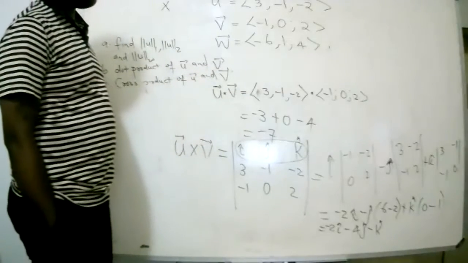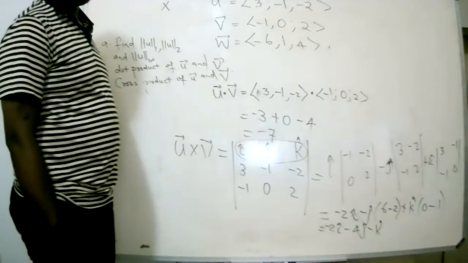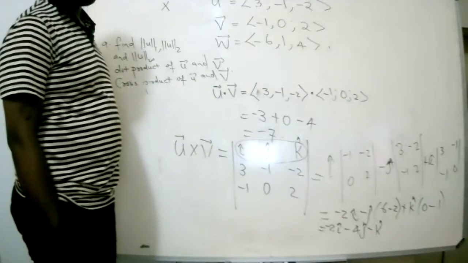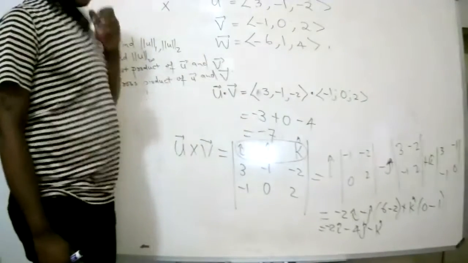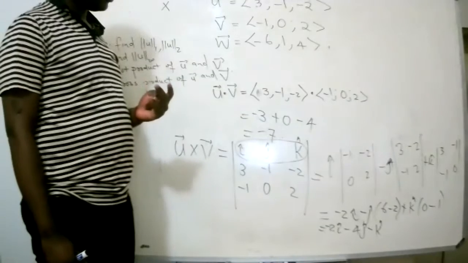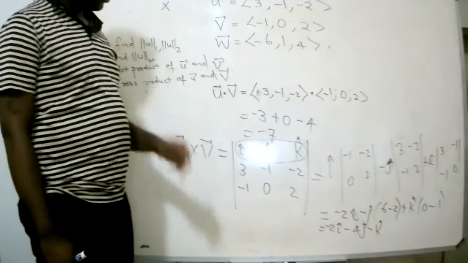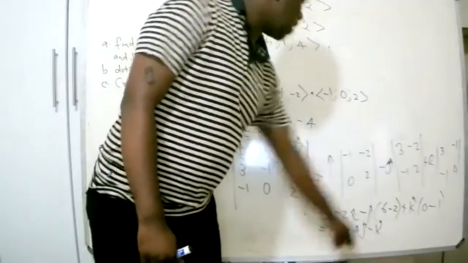Okay, what a determinant. Corner determinant. Okay, so it's negative 2i, negative 2i minus 4j minus k.